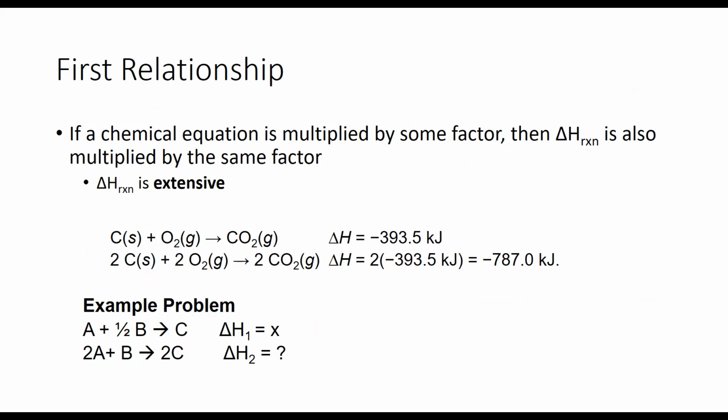That is, the more stuff you have, your enthalpy will change based on the amount of stuff, which makes sense if you think of enthalpy as heat. What will generate more heat? 1 stick of dynamite or 100 sticks of dynamite? Well, 100 sticks of dynamite generates a lot more heat than 1 stick. And so when we talk about change in enthalpy of a reaction, we call that an extensive property. Extensive properties means it depends on the amount of stuff.